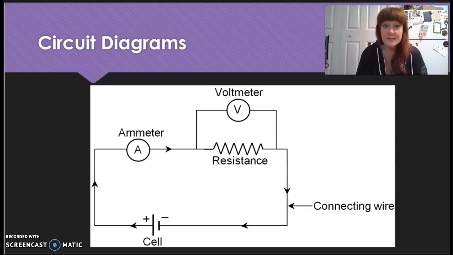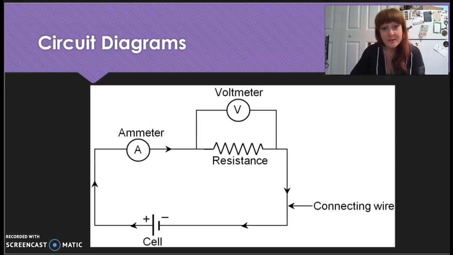And since current is measured in amperes, we use what's called an ammeter to measure current. Now, with that ammeter, you do have to connect it within the same loop. The current actually has to flow through the meter in order to measure how much current there is. The resistor is that jagged line up at the top.